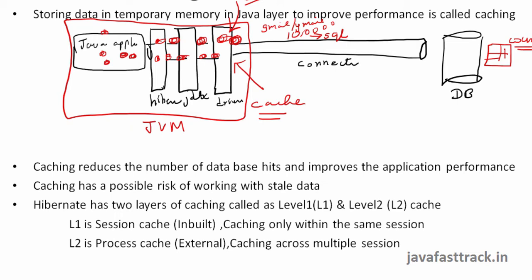I'll write a small program which will show that we already have an inbuilt L1 cache in Hibernate. L1 cache is a very safe cache. Hibernate ensures that everything is safe and you are not working with stale data.